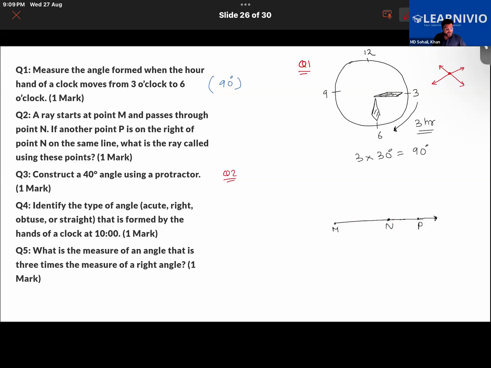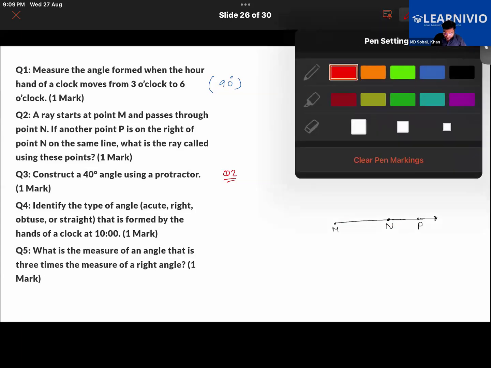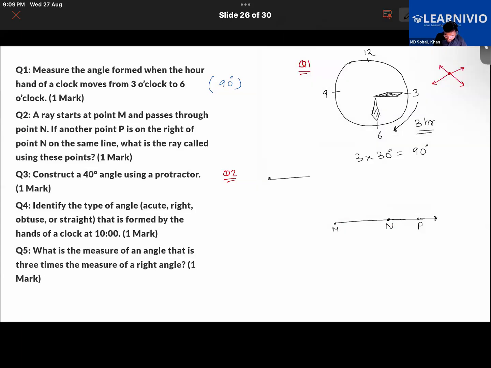But the catch here is that whenever we name a ray, we take only 2 points to name it, not 3 or 4 points. The origin point here is M, and towards the arrow, which point is there?